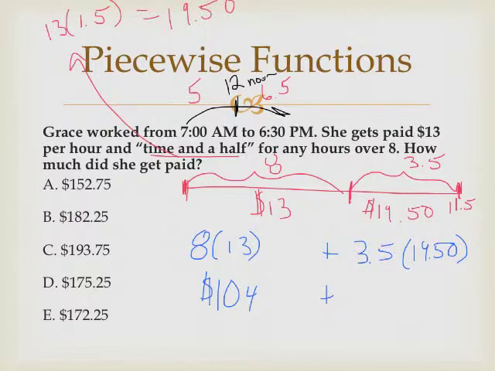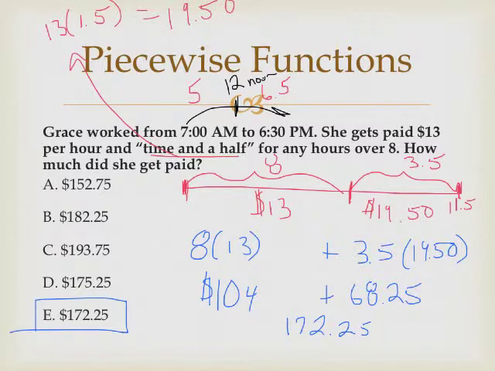That is 3.5 times 19.5, and you would have a calculator for this, and this is $68.25. So she makes $104 in standard pay and $68.25 in overtime pay, and those add to $172.25. Which, cross our fingers, is on the list? $172.25 certainly is. It is E, and that's our answer.